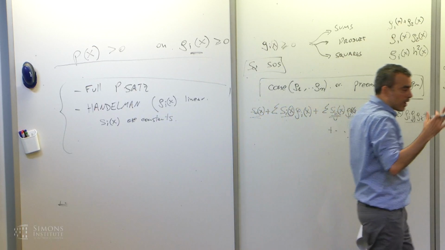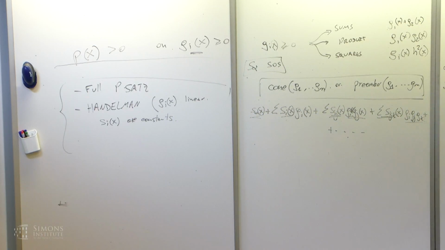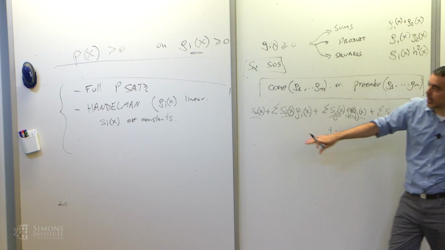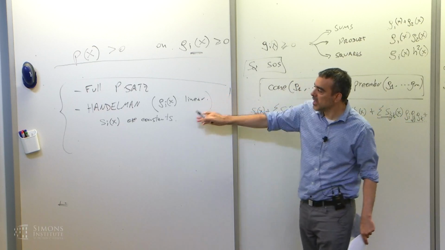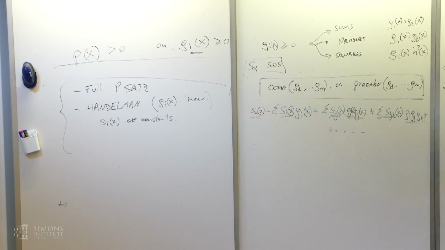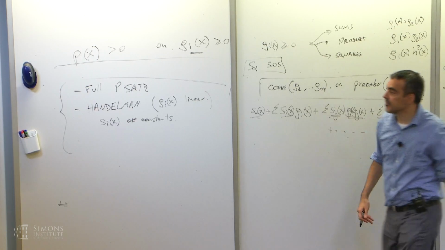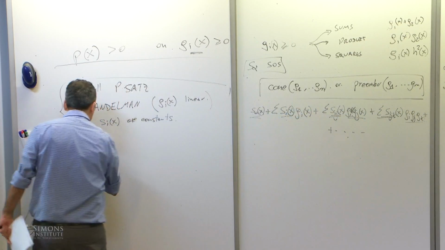So whenever you look at strict positivity of a polynomial on a polytope, it's enough to pick all the S sub i's to be constant. So this gives some linear programming hierarchy.